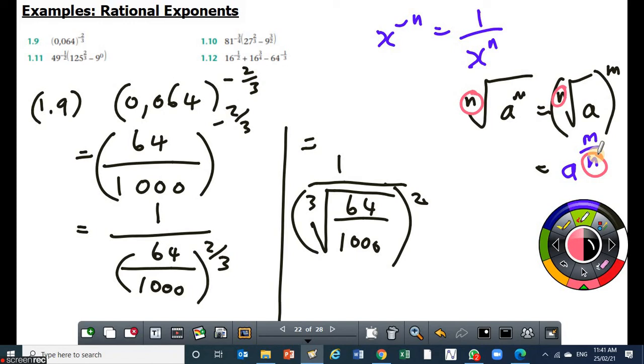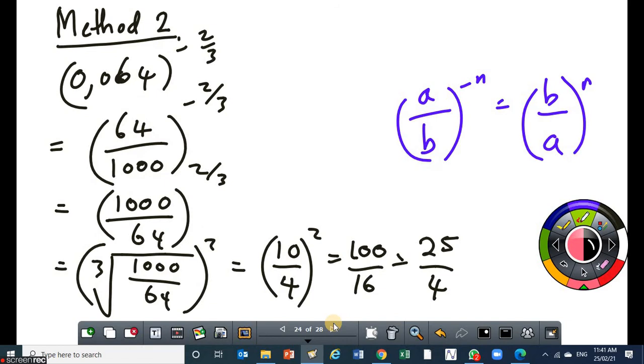Remember, yesterday I wrote that, and the other one that you were taught in the lower grades: the nth root of a is equal to a to the power of 1 over n. So the denominator in the rational exponent becomes the nth root. That's why we put it right in. If it's a 2, we don't write it, but if it's a 3 or more, then we write it out. Is that clear enough? Thank you for asking.